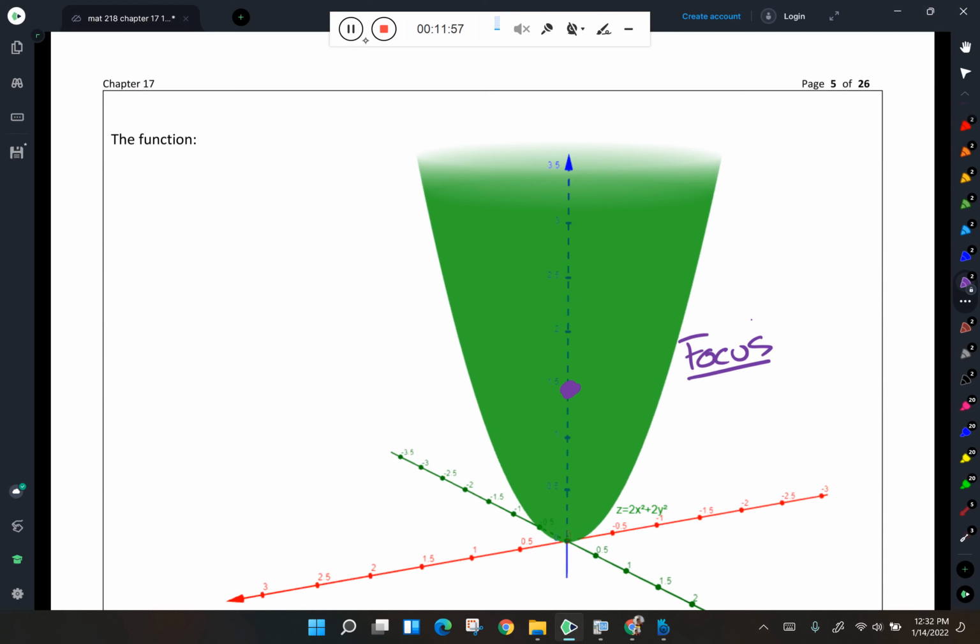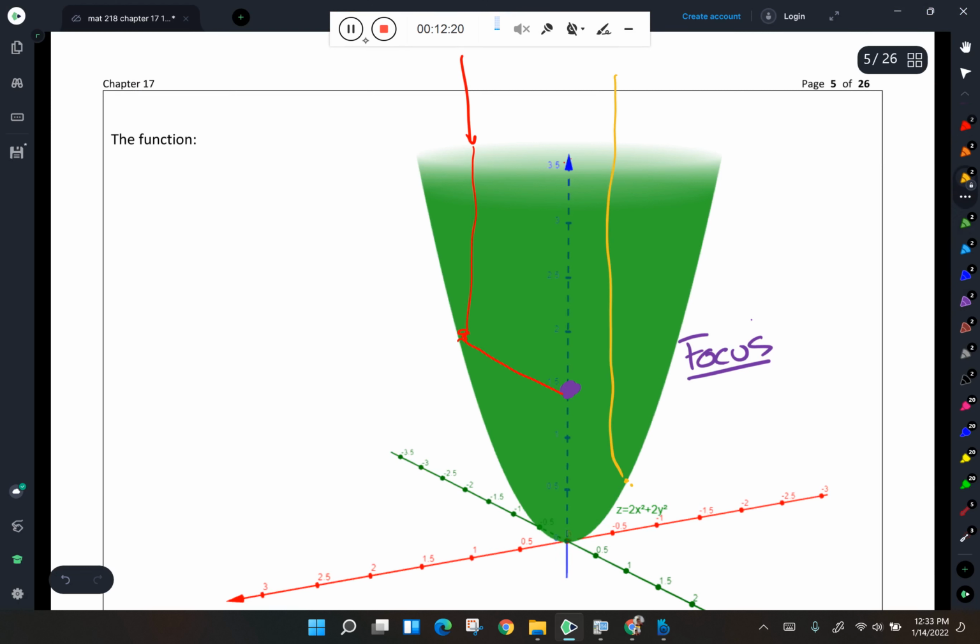And one of the interesting things about a parabola is if something is dropped in this direction, parallel to that z-axis, when it hits the wall and it bounces off that wall, it will always reflect exactly to that focus, no matter where it's dropped in.